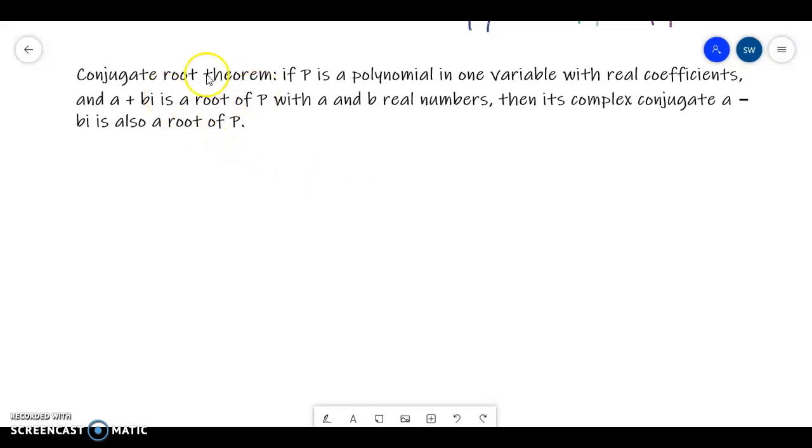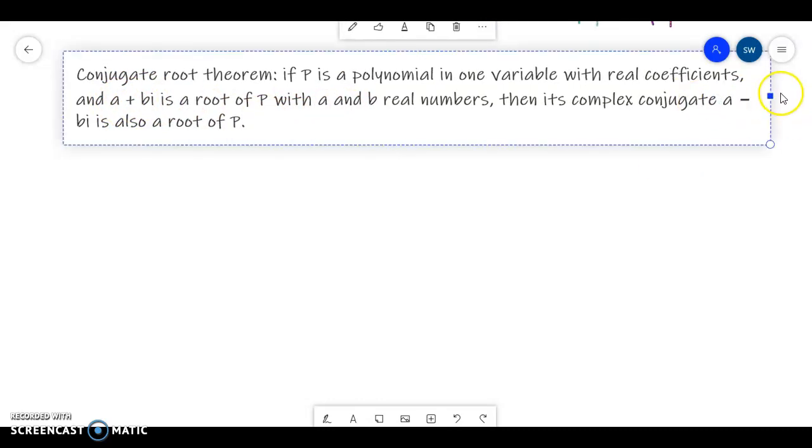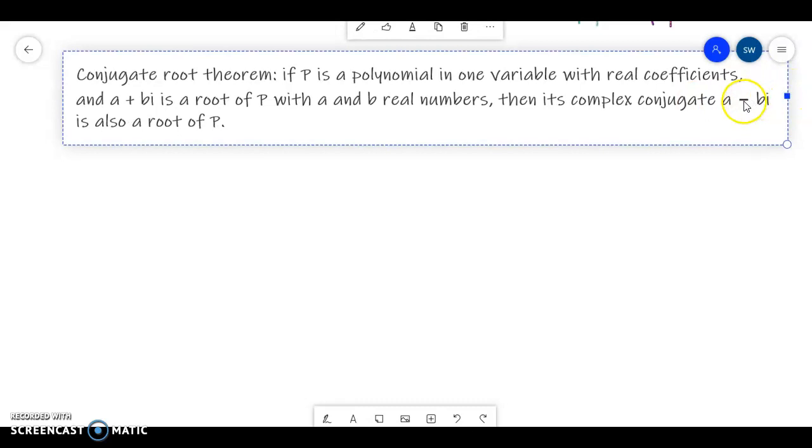The conjugate root theorem says, if a polynomial has a root of a plus bi, so if it has a complex root, it also has to have another complex root of the original root's conjugate, so a minus bi.